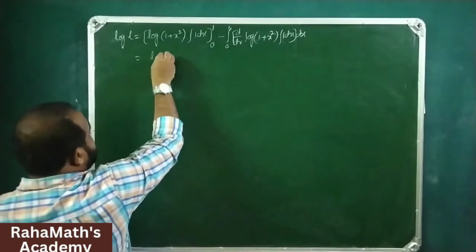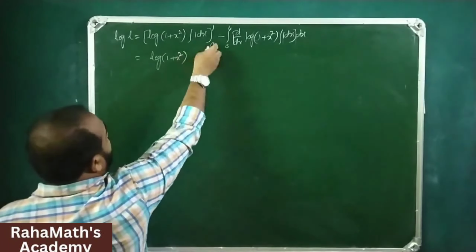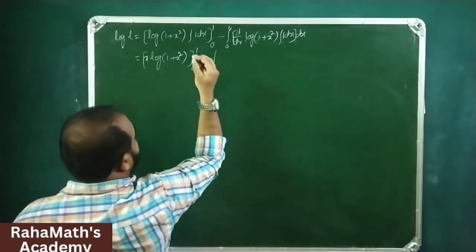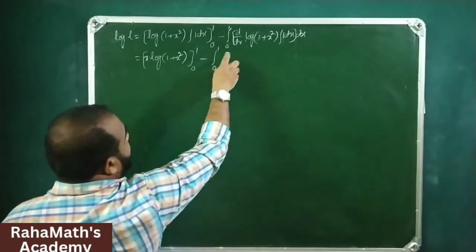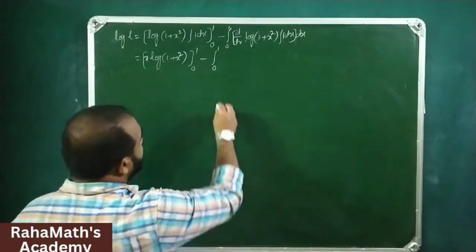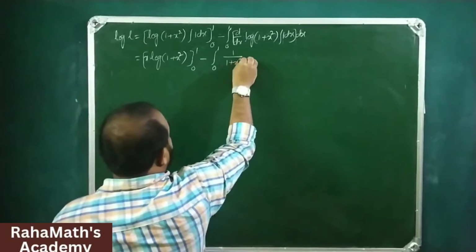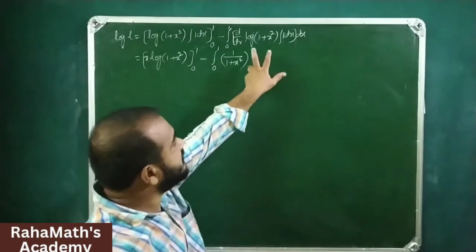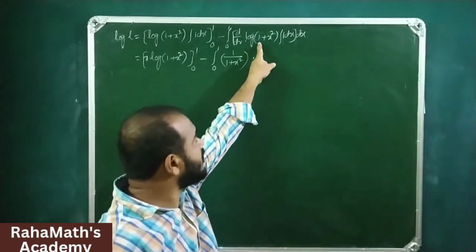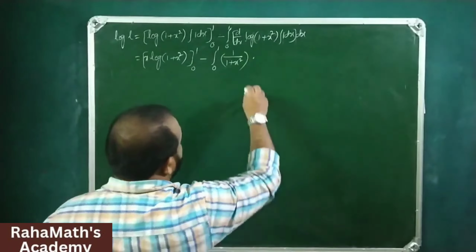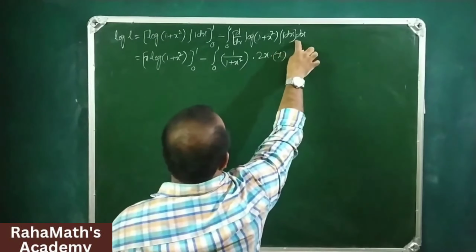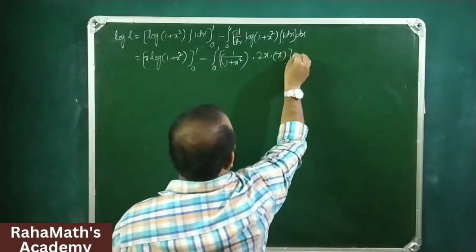Log(1 + x²), integral 1 dx is x, from 0 to 1, minus integral 0 to 1 of d/dx of log(1 + x²). Treating the inside as x, the derivative of log x is 1/x, so 1/(1 + x²) into the derivative of x², which is 2x, into integral 1 dx, which is x, whole dx.